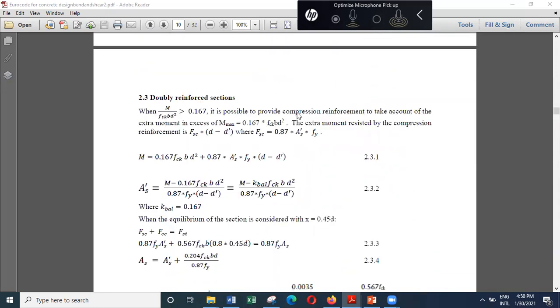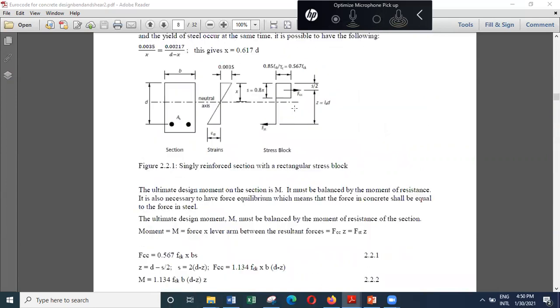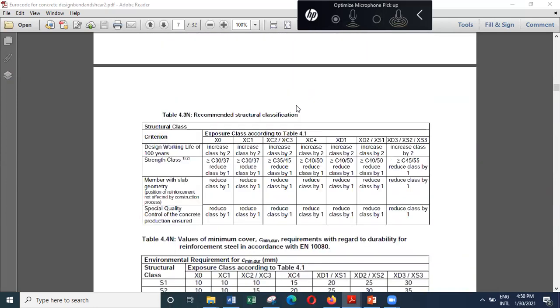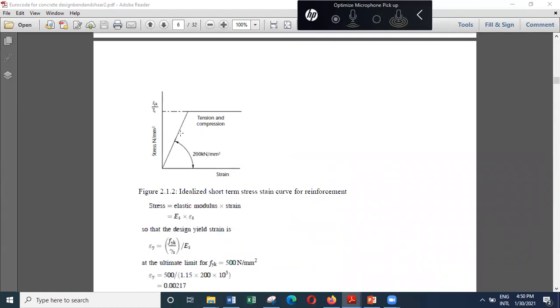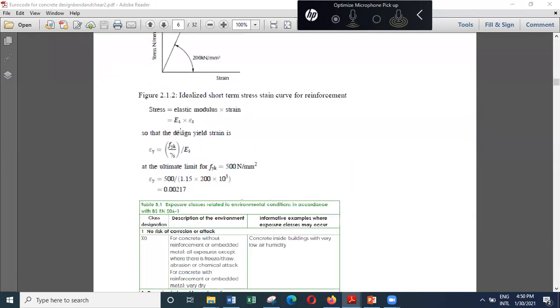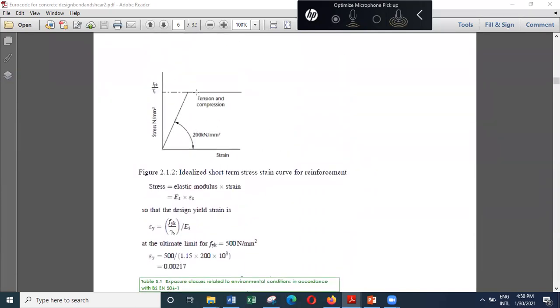If the reinforcement does not yield, then we'll be somewhere here. Then the force will not be 500 divided by 1.15, the force will not be 0.87 times fy. So that's why we have to make sure that we remain somewhere here, more than 0.00217.